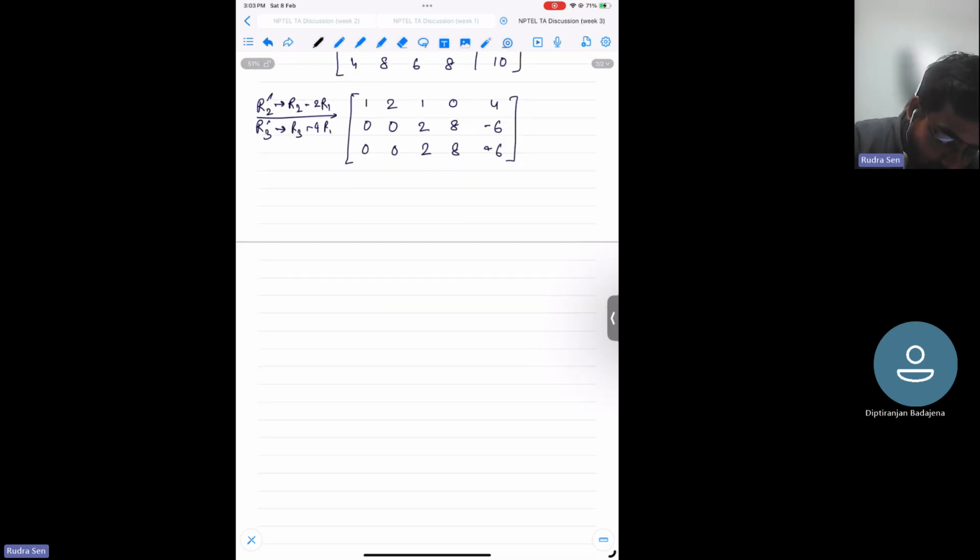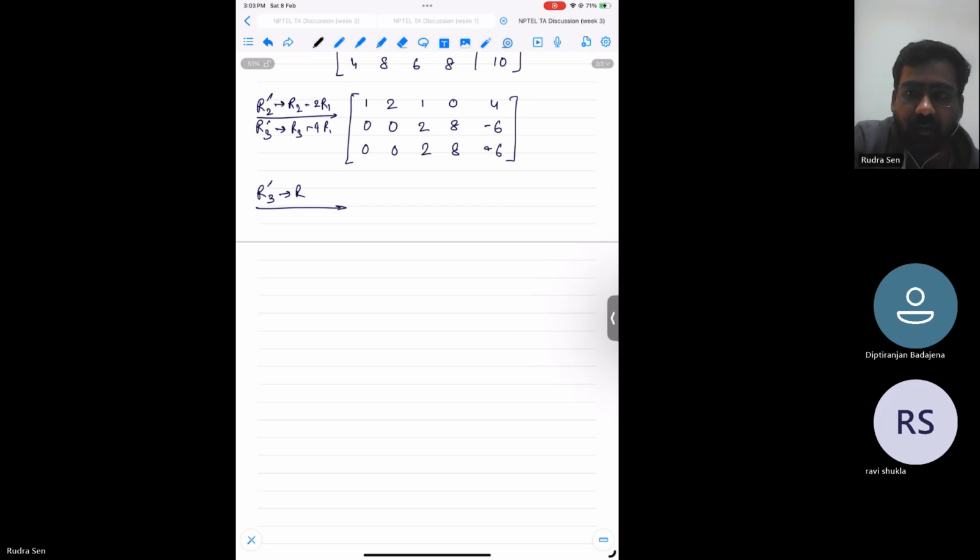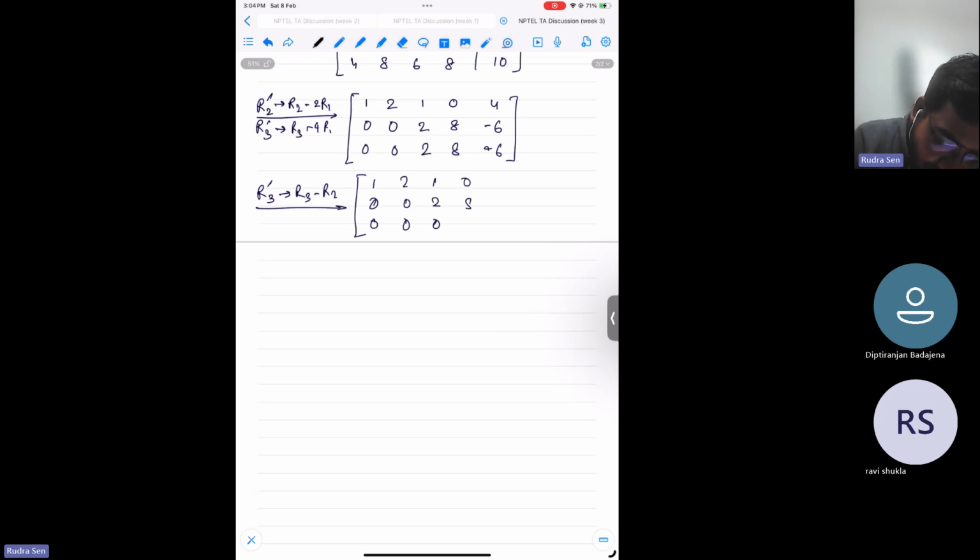Next, R3 is R3 minus R2, and what we'll get is 1 0 0 2, 0 0 1 2, 0 0 8 0, and then 4, minus 6, 0.